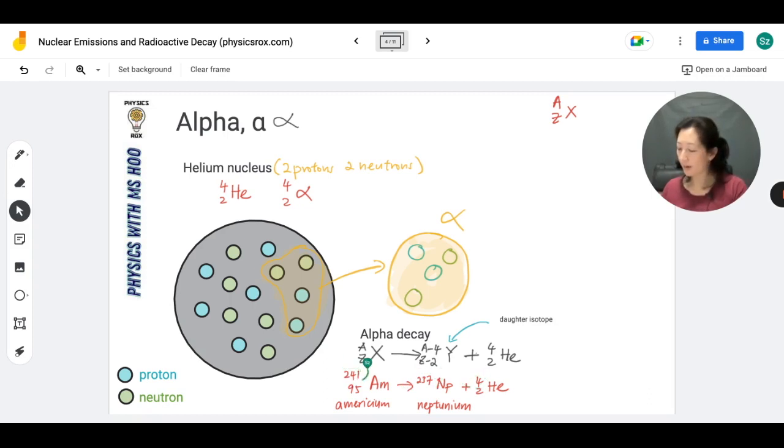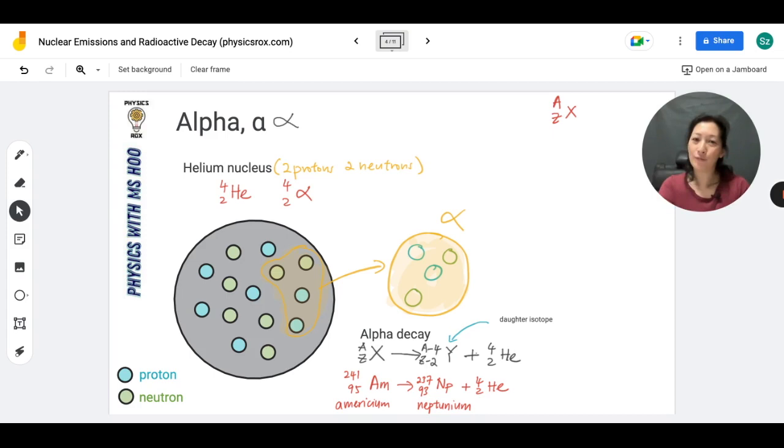The same thing will apply for the bottom number. So if you got 95 protons to begin with, and it's thrown out 2 protons in the alpha particle, that means that neptunium will only have 93 protons. So you can see here the number also is balanced. You've got 95 to begin with, and then at the end, 93 and 2, which the total comes up to 95. So this is an example of how you can write the alpha decay equation.